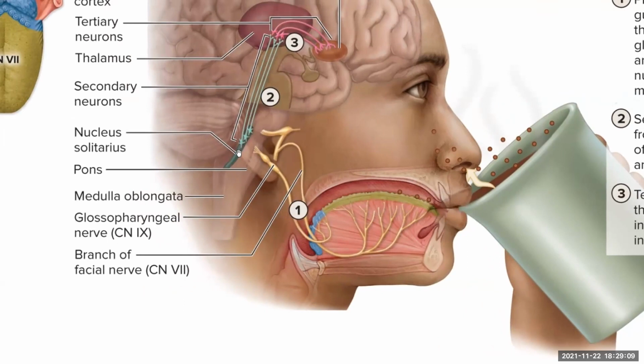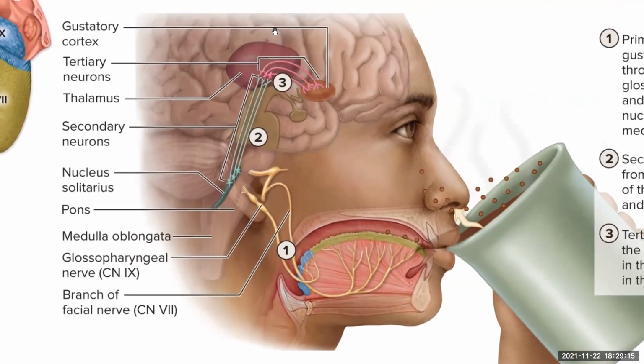And then from there, the secondary neuron will travel up to the thalamus, synapse onto the tertiary neurons, and then the tertiary neurons will wind up here in our gustatory cortex in the insula. And then you get that conscious perception of the taste.